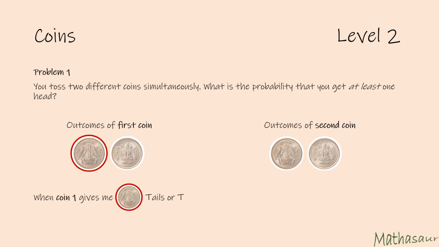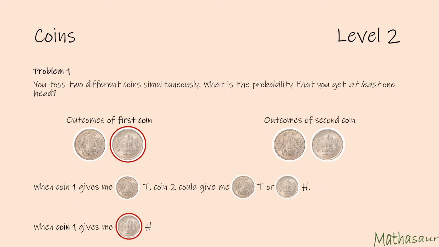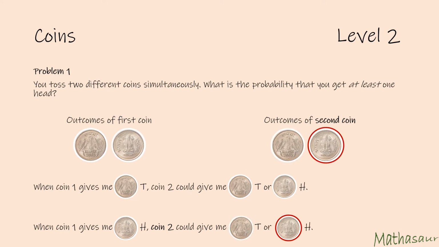If coin 1 gives me a tails or T, coin 2 could give me a tails or a head. Similarly, if coin 1 was to give me a head, coin 2 could give me a tails or a head.